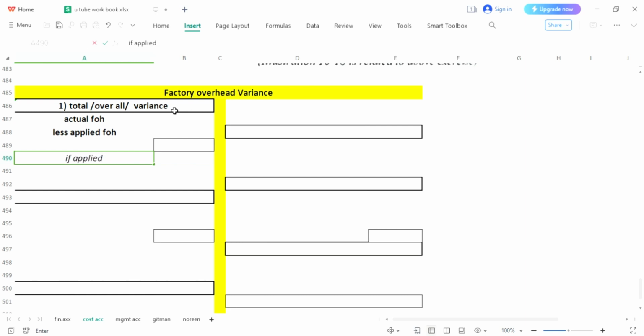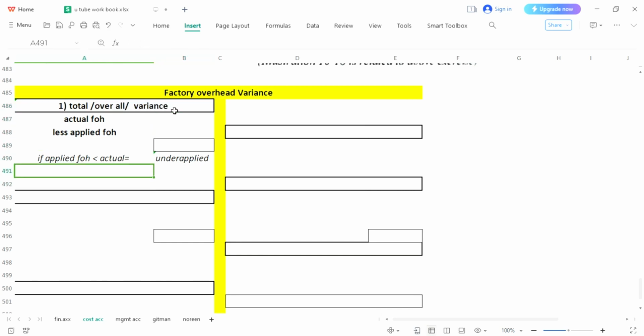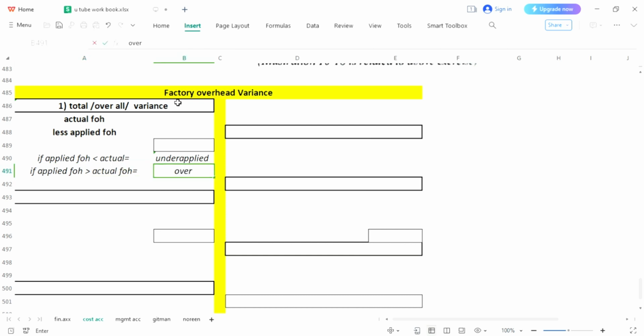If applied FOH is less than actual, it means it is under applied. Contrary to above, if applied FOH is more than actual FOH, it would be considered as over applied.